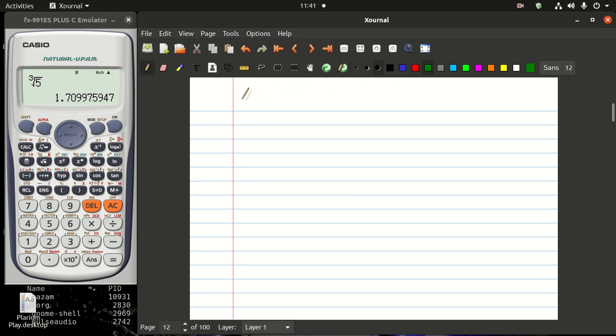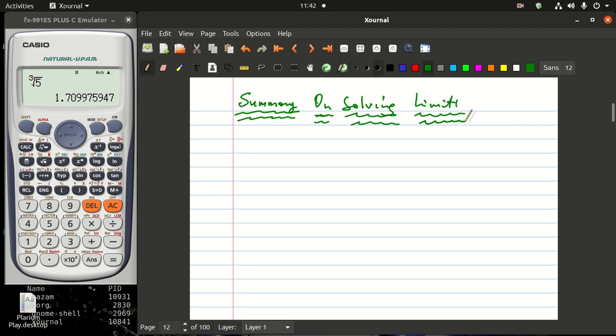We have studied so much, and now it is important that you at least know how to solve limits, so that if I give you a limit, you know how to solve it. Continuity, you have a little bit of background on top of that.